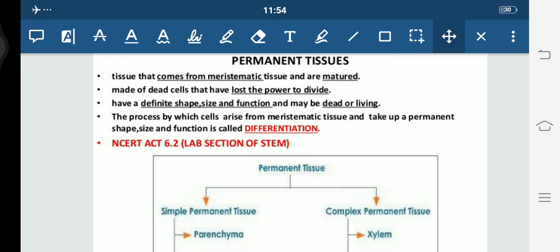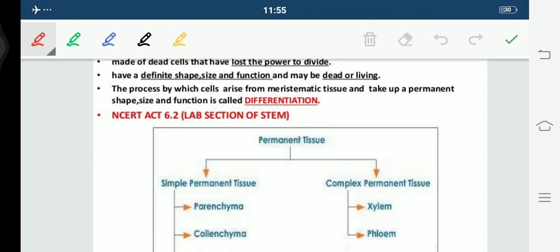Fine. So permanent tissues are the mature tissues. They are made up of dead cells and they have lost the power to divide. Very important. They are matured cells, so obviously they have lost the power to divide. Now students, they have a definite shape, size and function, and they may be dead or living, right?